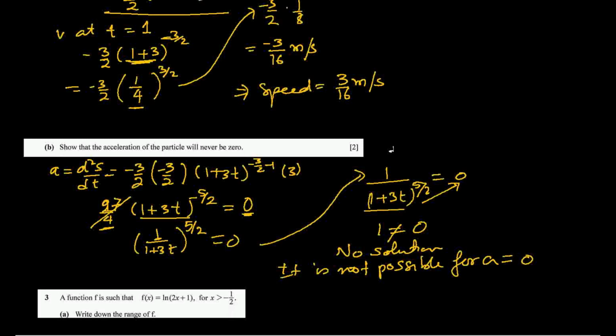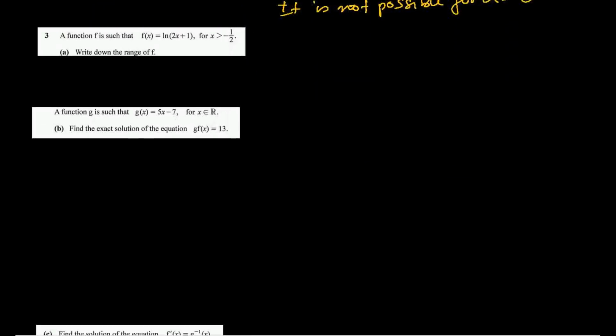All right. Question number 3. A function is such that f(x) is ln(2x plus 1). For x greater than minus half, write down the range of f. It is ln, nothing is adding, nothing is subtracting, so it becomes very easy. Every natural log or log for that matter, this is how the graph looks.